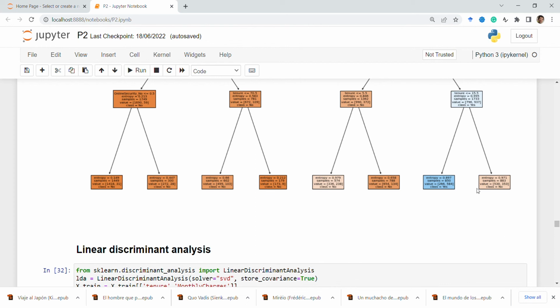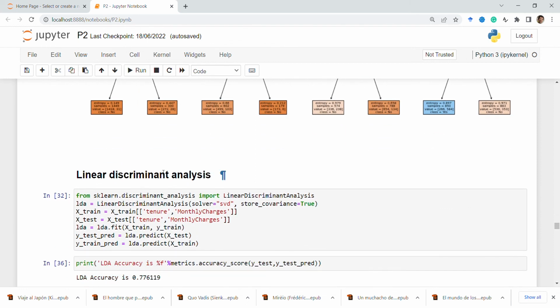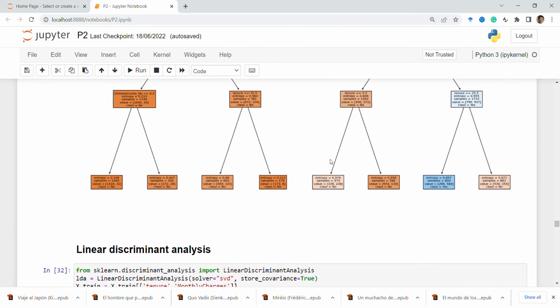Okay, so now a different kind of classifier. These classification trees can work on any kind of data, either continuous or discrete. So tenure is continuous, while online security is discrete.